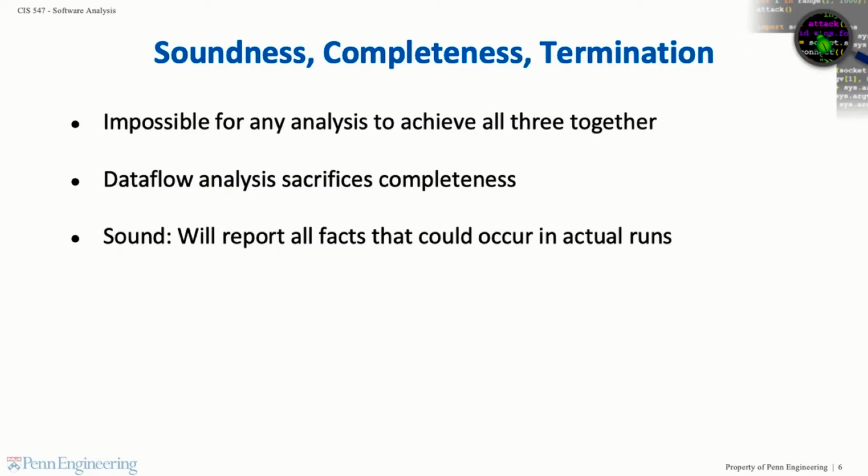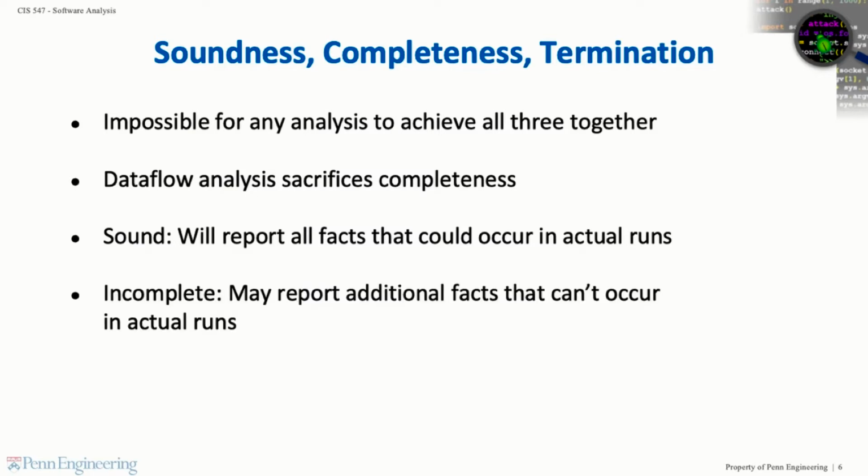Since data flow analysis is sound, it will report all data flow facts that could occur in actual runs. However, because data flow analysis is incomplete, it may report data flow facts that can never occur in actual runs. Let us see next how a data flow analysis achieves soundness by sacrificing completeness.